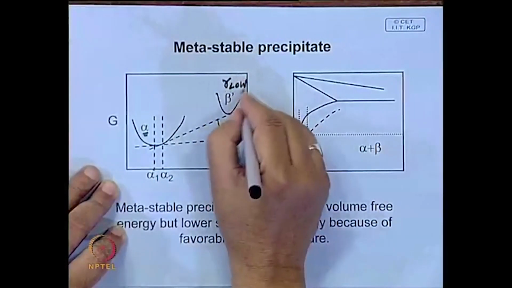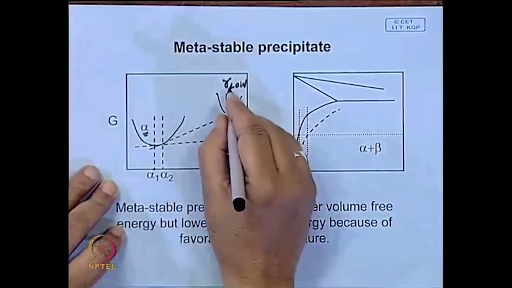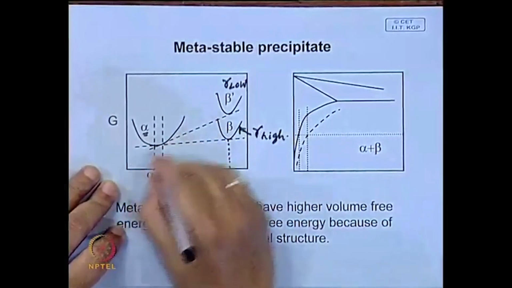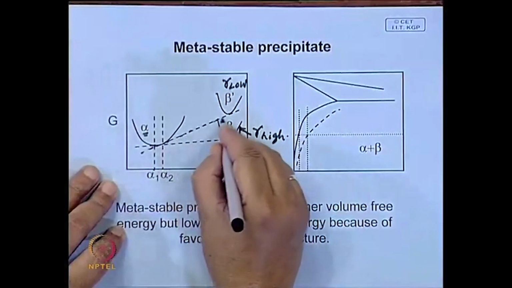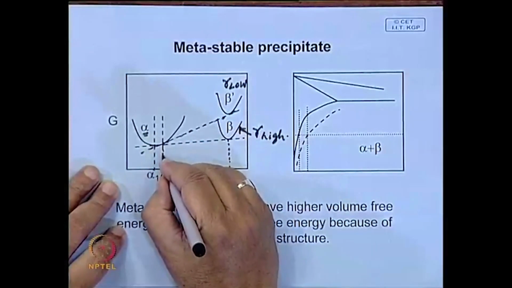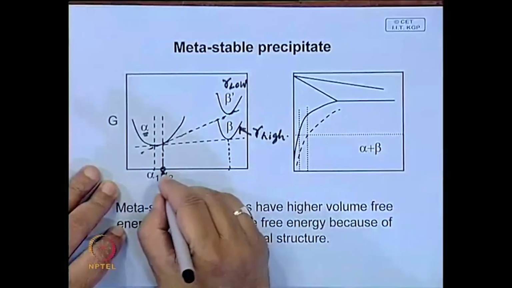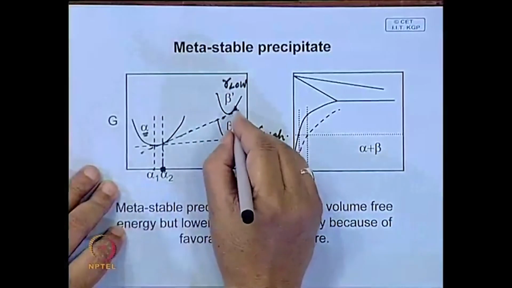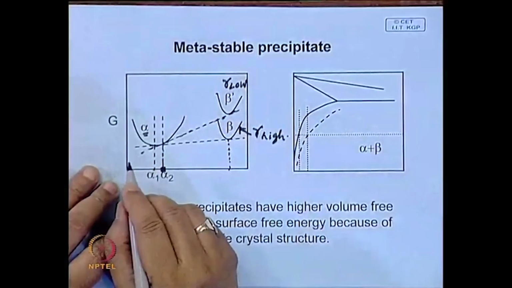So, this is more likely to form with a lower degree of supersaturation. But when it forms, look at the composition of alpha with which it will remain in equilibrium. You draw a common tangent, and this is the composition of B in alpha which can be in equilibrium with this particular metastable precipitate.